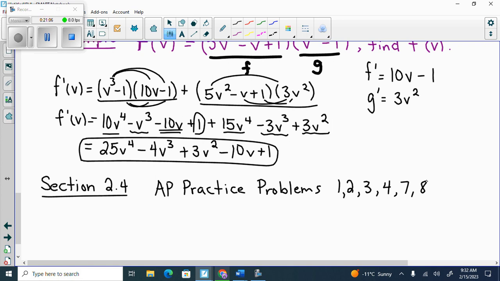And then the actual problems you're going to have to do are 15, 16, 17, 18. I don't know why I didn't just say 15 to 18, but whatever.